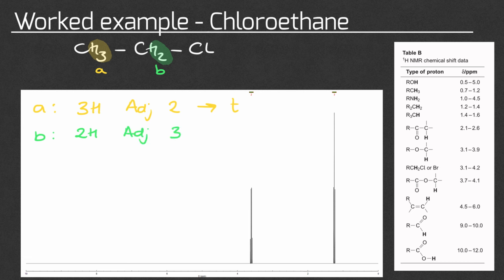It's adjacent to 3 hydrogens. So we'd expect it to be a quartet, following the n+1 rule in each case. 2 plus 1 equals 3, which is a triplet. 3 plus 1 equals 4, which is the quartet.